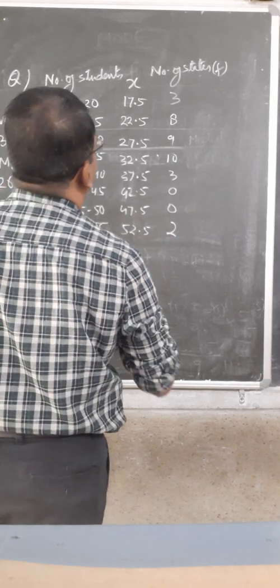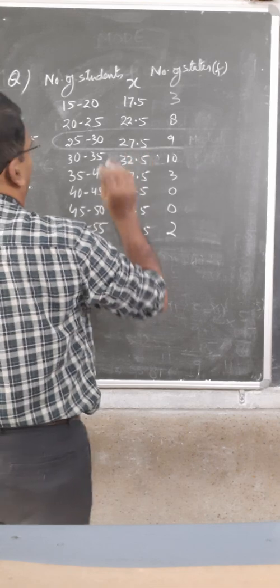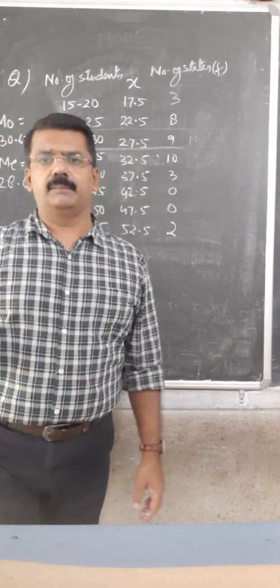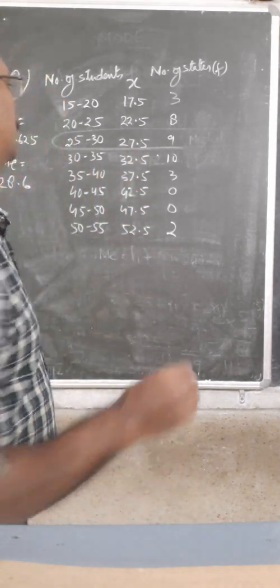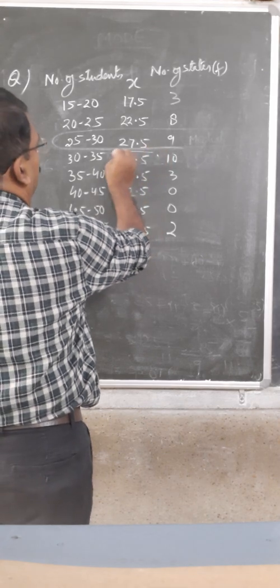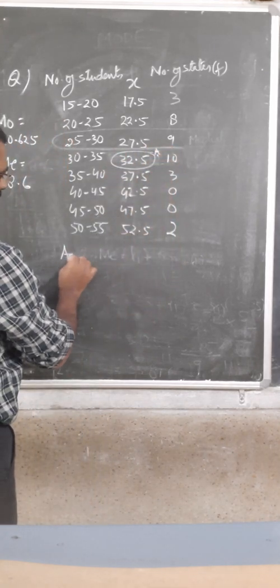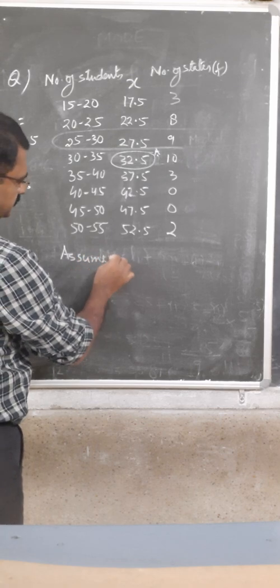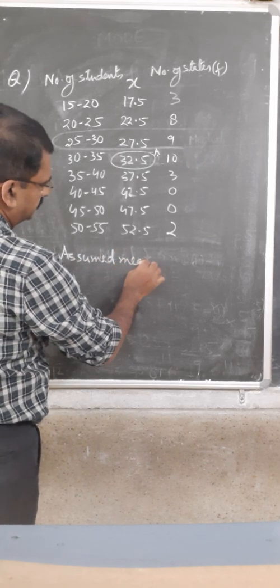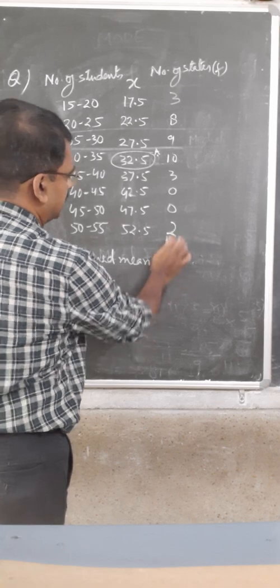And now we will apply the shortcut method to find the mean. So you take this 32.5 as the assumed mean.